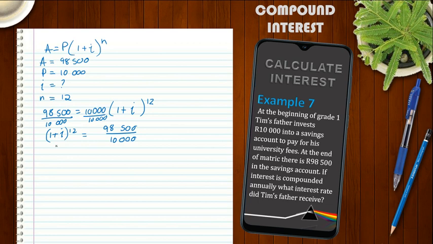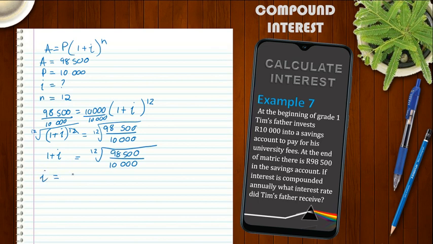So then we take the root on both sides. So we have this 12th root to cancel out that. So we have 1 plus i is equal to the 12th root of 98,500 over 10,000. Final thing, take the 1 over, so that just becomes a negative 1 on the other side.